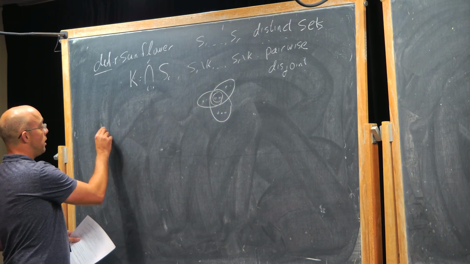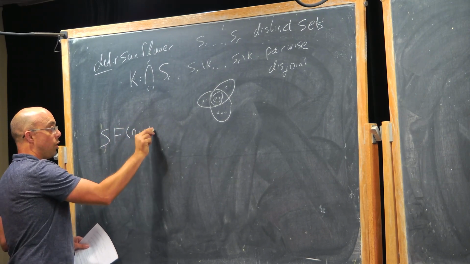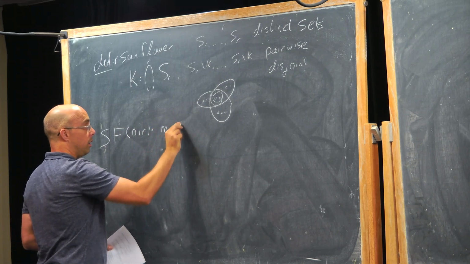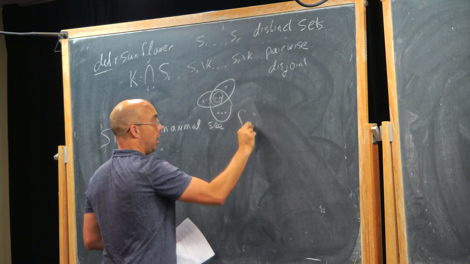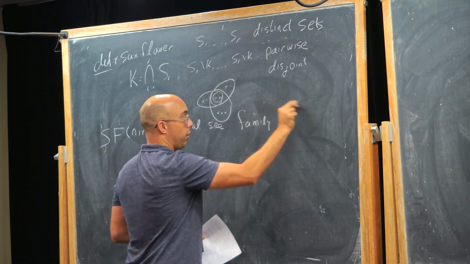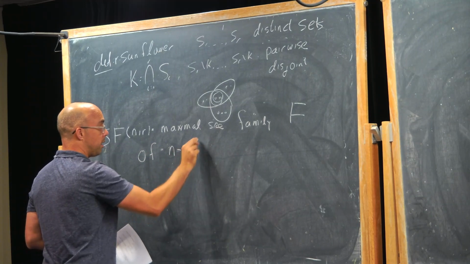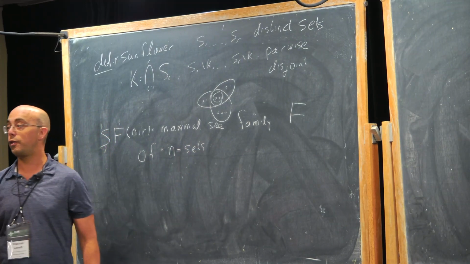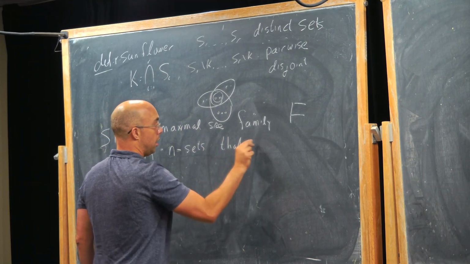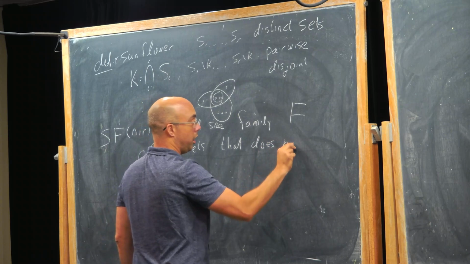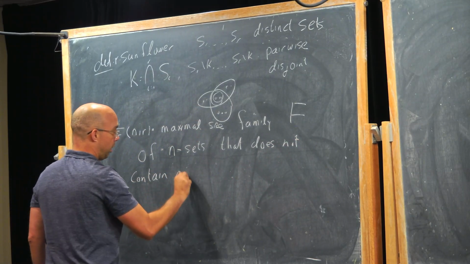And again, we defined this Ramsey parameter SF(n, R), which is the maximal size of a family F of n-sets that does not contain an R sunflower.